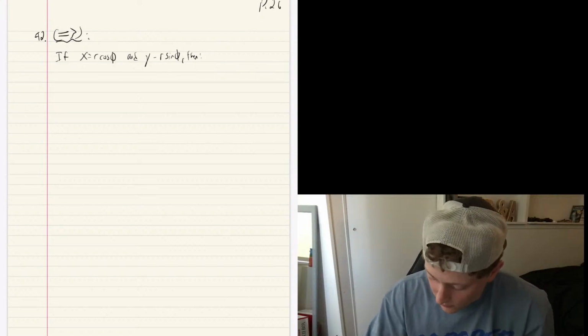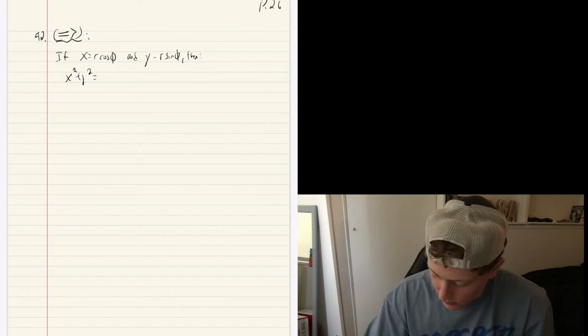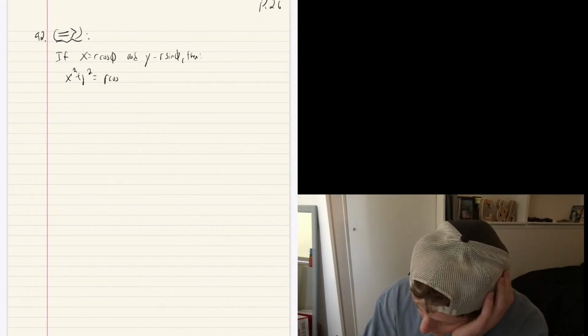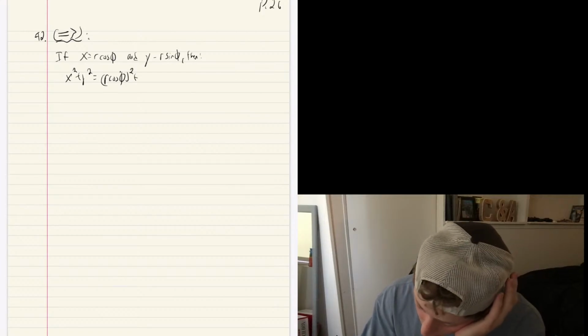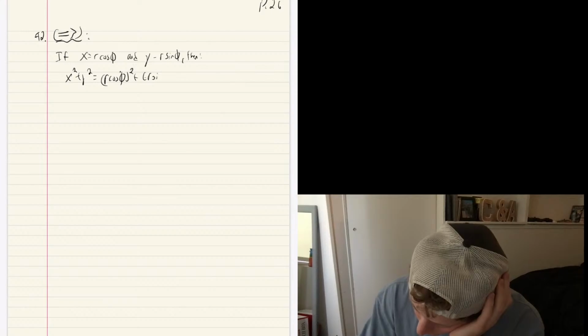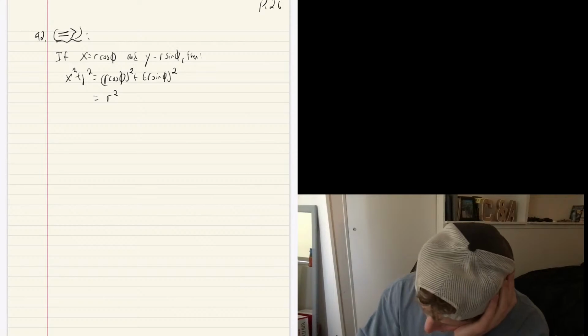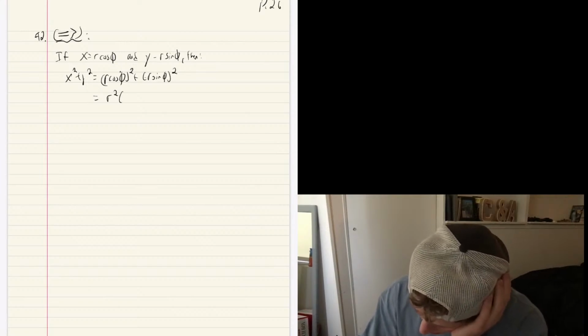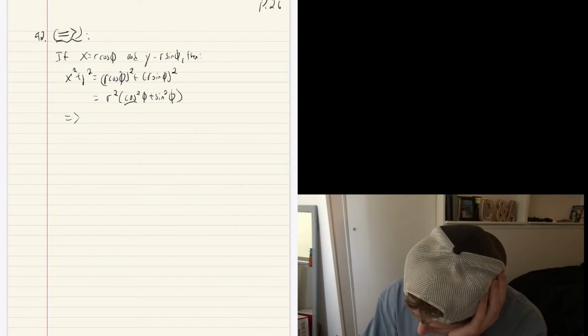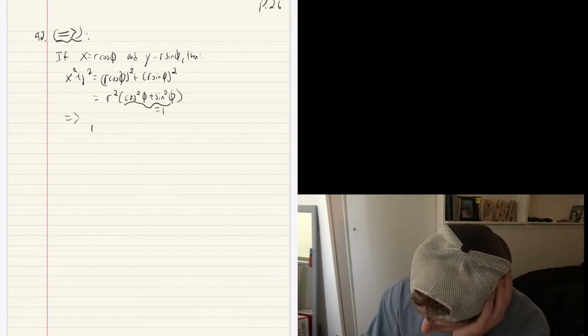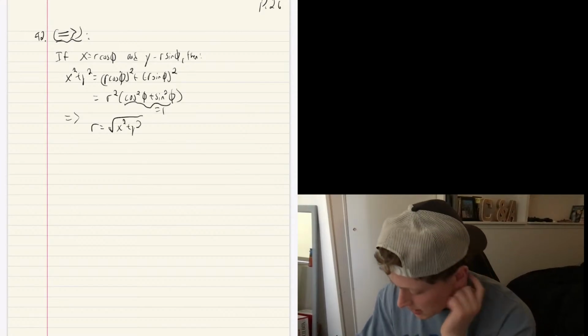You have x squared plus y squared is equal to (r cosine phi) squared plus (r sine phi) squared. It's equal to r squared times (cosine squared phi plus sine squared phi), and this is equal to 1, obviously. So then you have r is equal to the square root of x squared plus y squared, because the negative version is not a solution.